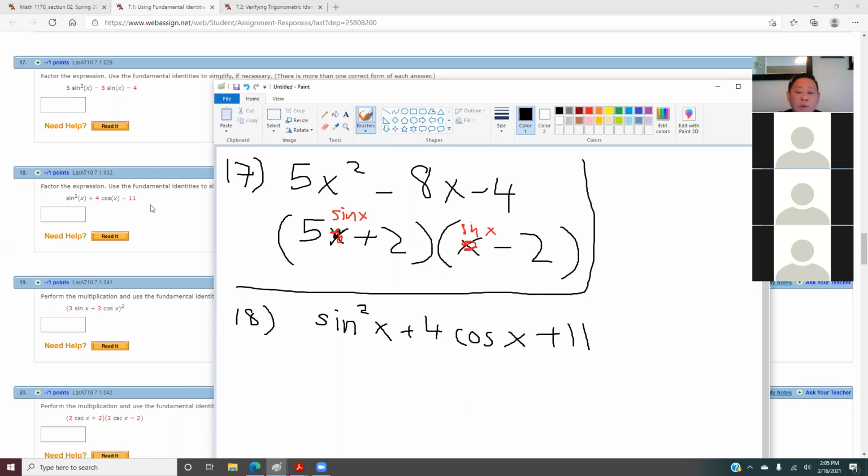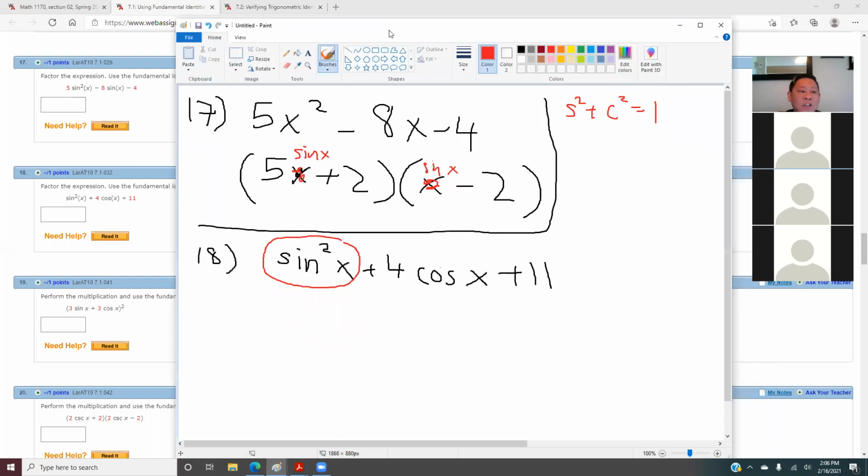So what we're going to do here is use the Pythagorean identity to change your sine square x to cosine. As you know, the Pythagorean identity says that sine square plus cosine square equals 1. So how can we change the sine square x to be in terms of cosine? Hopefully just a jump start.